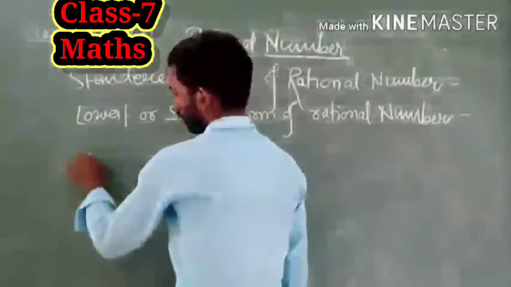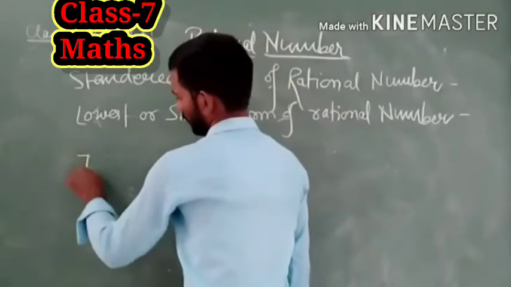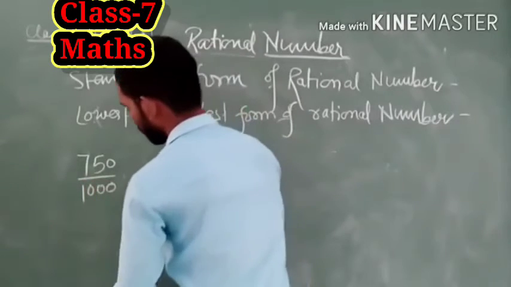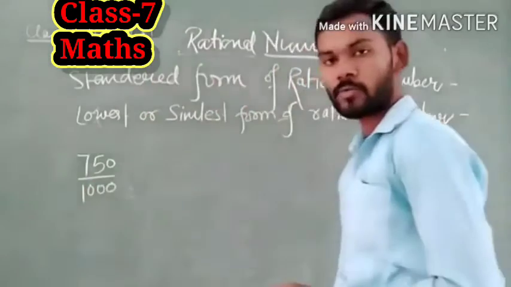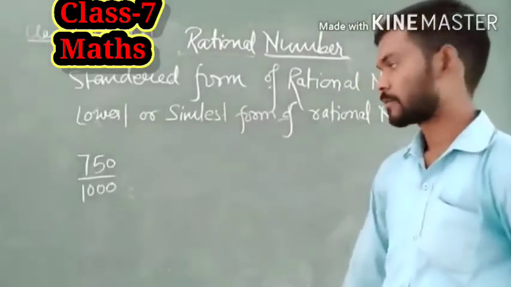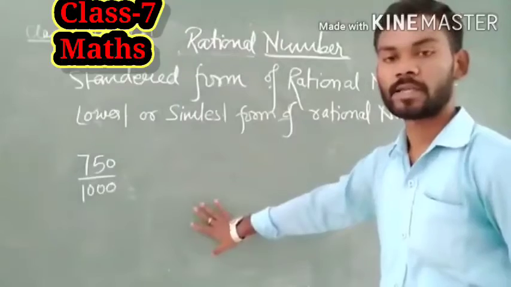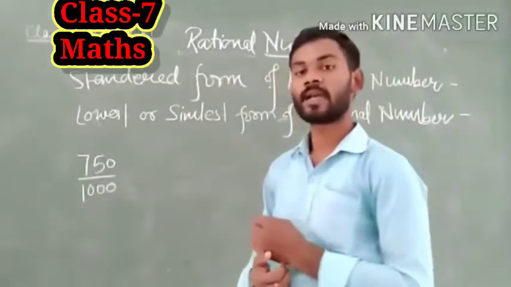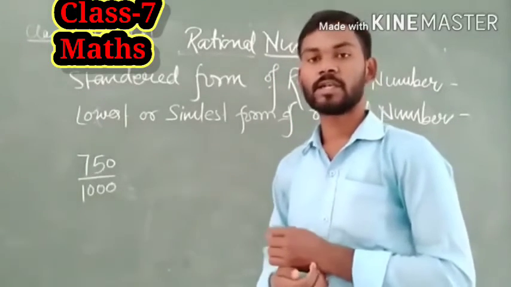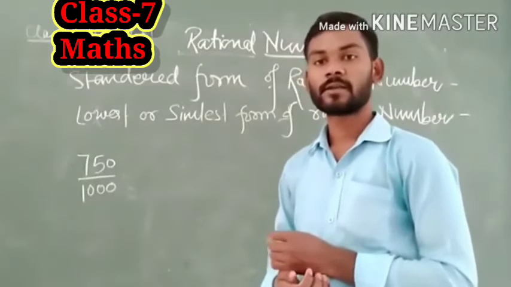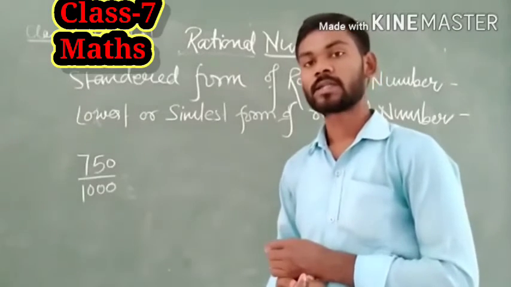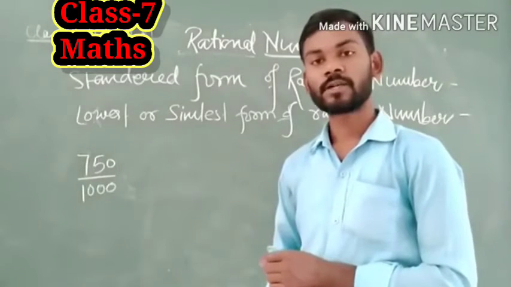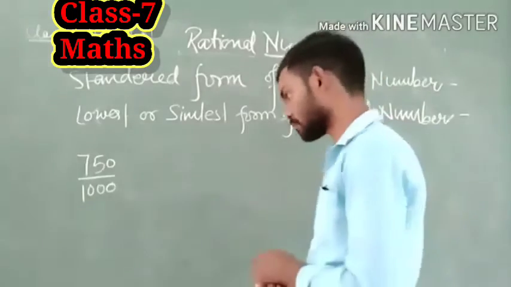If we are given 750 upon 1000, then you can see that there are some common factors in the numerator as well as in the denominator, so they become cancelled out, and finally we get a result which does not contain any common factor, and that form of the fraction we call the standard form of rational number.